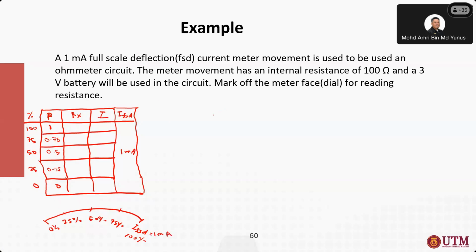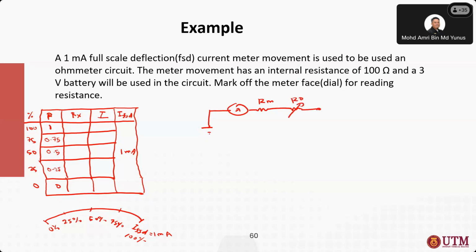So the circuit will look basically like this. So RM used to be an ohmmeter. The meter has an internal resistance of 100, RM, and then this is our RO.